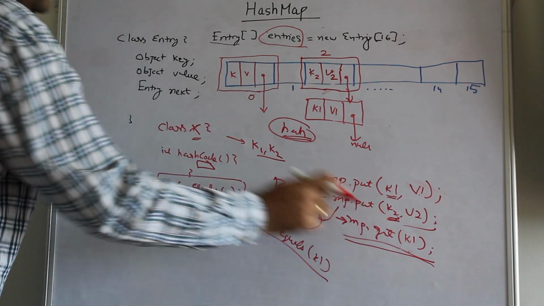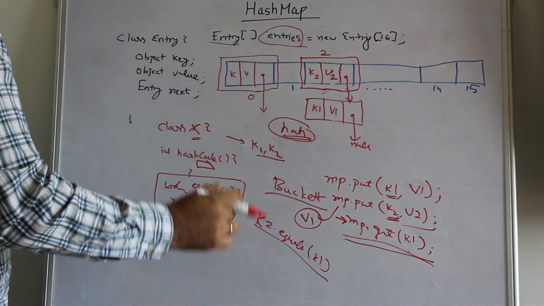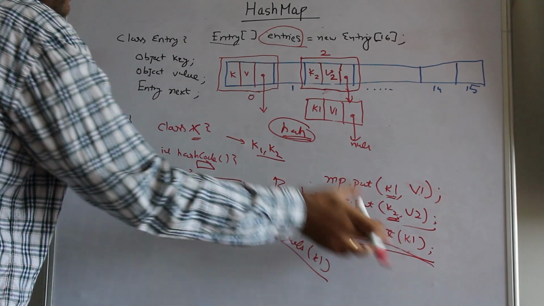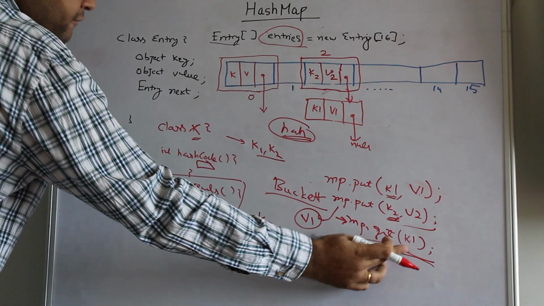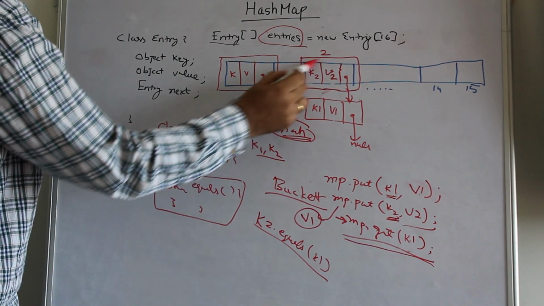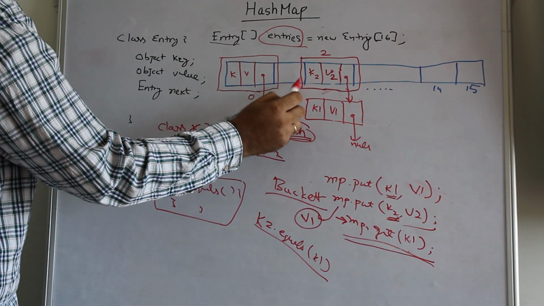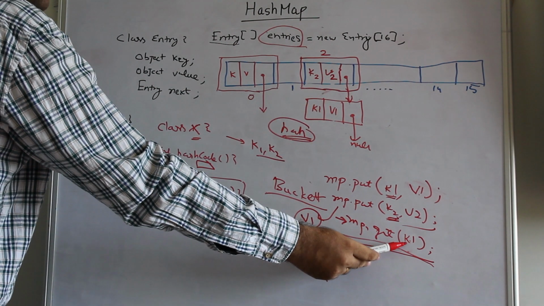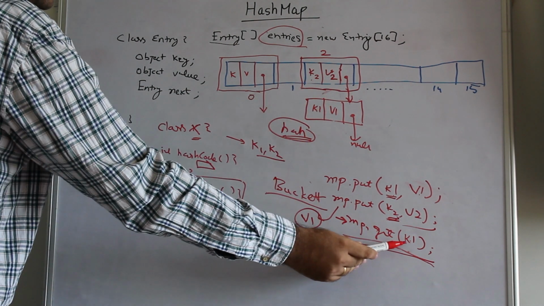So again the index 2 will be returned, and now we need to search for k1 in this bucket. First, we see that on this index one entry is there, so we'll compare the entry's key with this key.